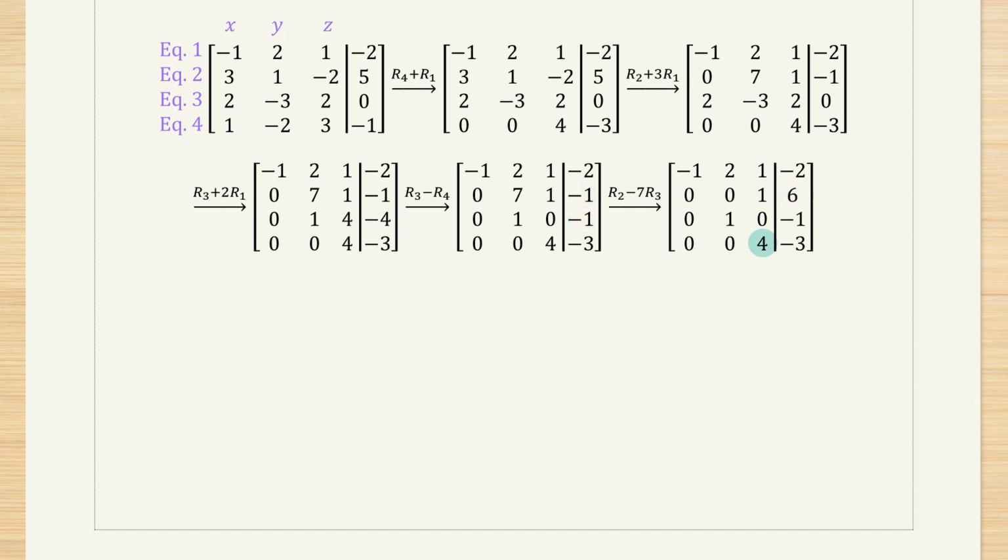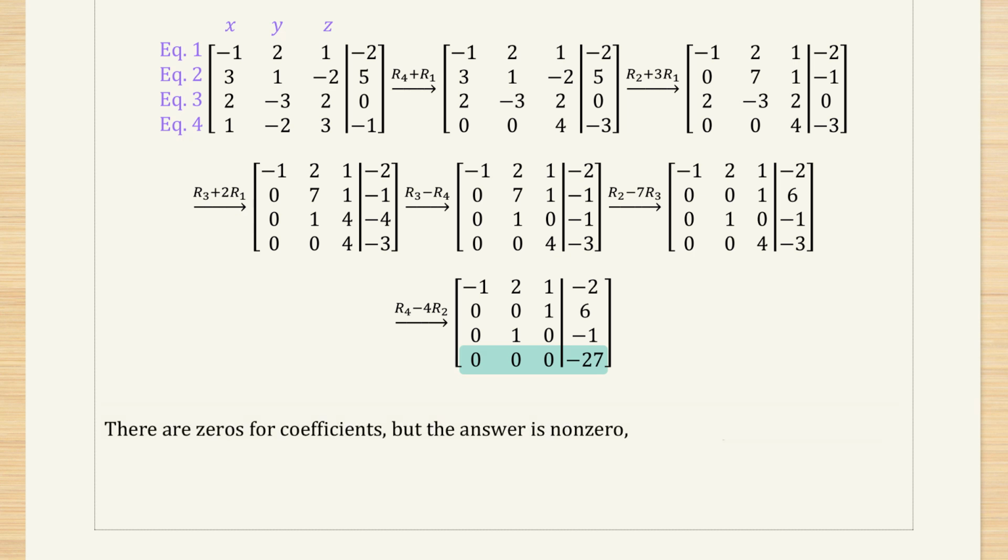Next, we can cancel that 4 using the 1. If we go row 4 minus 4 times row 2, we can cancel that 4. 4 minus 4 times 1 is 0. -3 minus 4 times 6 is -27. And now we see a row of zeros for coefficients, but a non-zero constant.